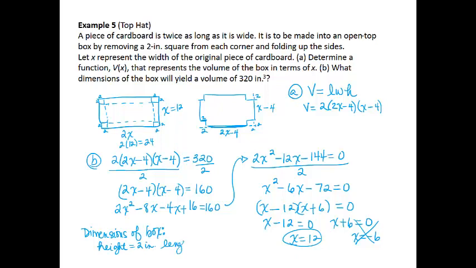The length of the box was 2 times the 12 minus 4, right, or 24 minus 4, which is 20 inches. And then the width of the box is going to be 12 minus 4, or 8 inches. So the box is really a 20 by 8 by 2 inch box.